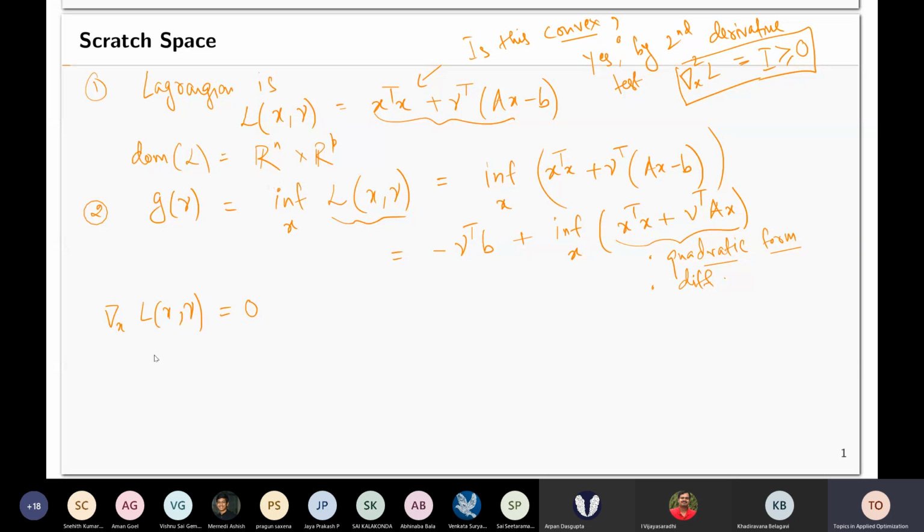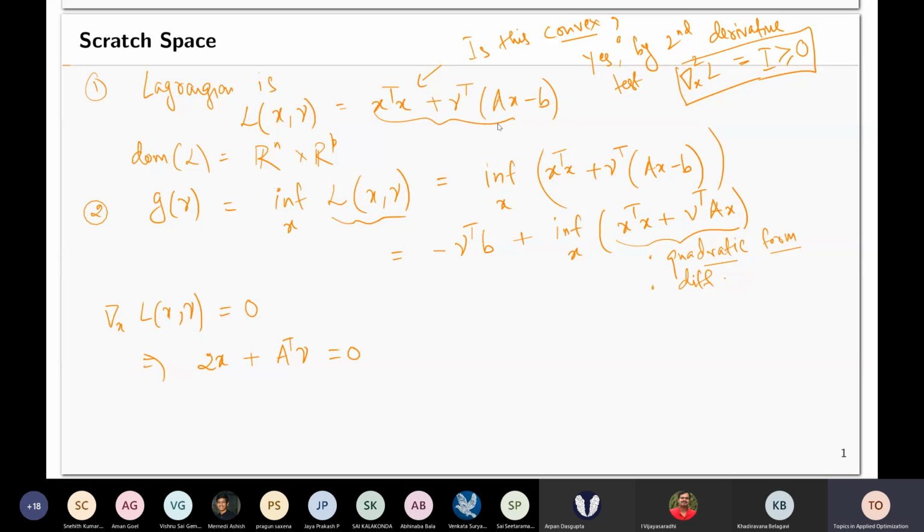So we have to take the gradient of this with respect to x. If we take the gradient of this, we will get 2x. I hope you have done some practice of vector and matrix derivatives by now. Then plus, this term gamma nu transpose b will be 0, there is no dependence, and the derivative of nu transpose Ax is A transpose nu.